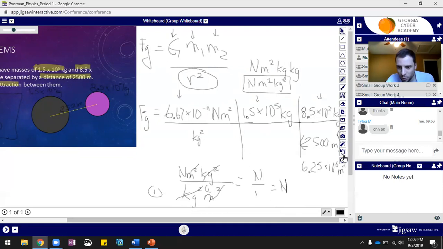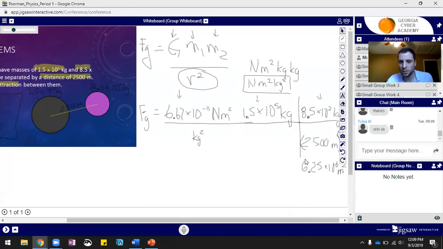Okay, so I'm going to go ahead and get rid of our proof right here, and let's just plug this into our calculator. 6.67 times 10 to the negative 11th, or actually we don't even need to do that. We can do this pretty simply right up here. Let's look at our exponents.